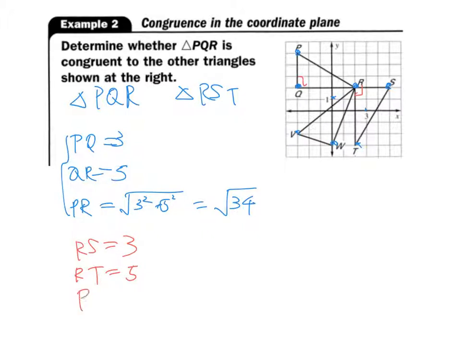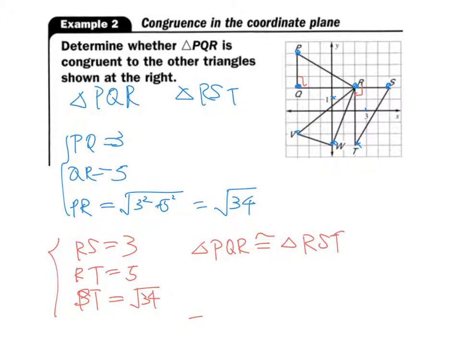And of course, my ST should equal the square root of 34 because 3 squared plus 5 squared is 34, and we have to take the square root. So for my second triangle, all 3 sides are congruent to their corresponding sides in the first triangle. We can draw the conclusion that triangle PQR is congruent to triangle RST.